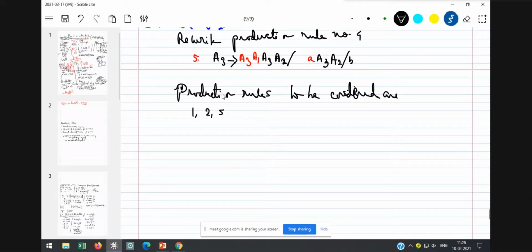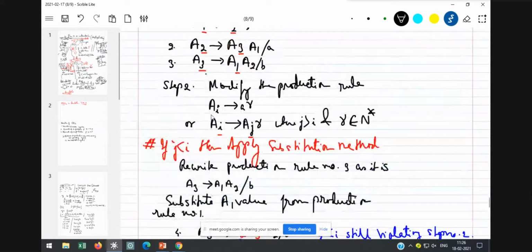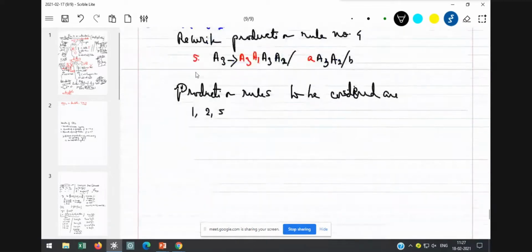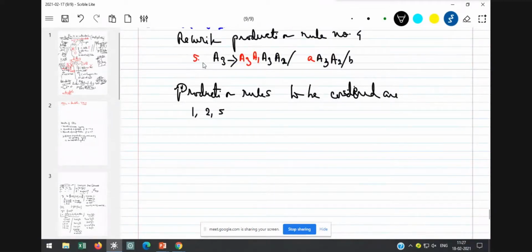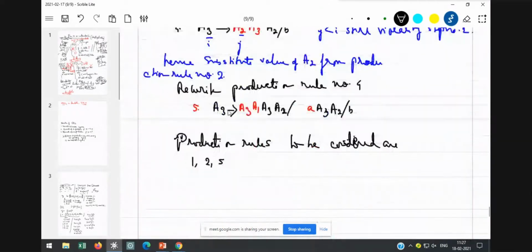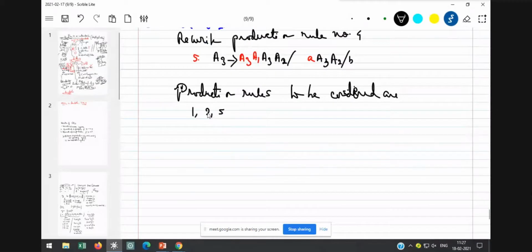5 is 5. From where am I getting 5? From 3. Production rule number 3 was violating step number 2. In order to solve that violation problem, we performed some substitution, and then at the end, production rule number 5 is being generated. So now from the given 3 production rules, we have another modified 3.